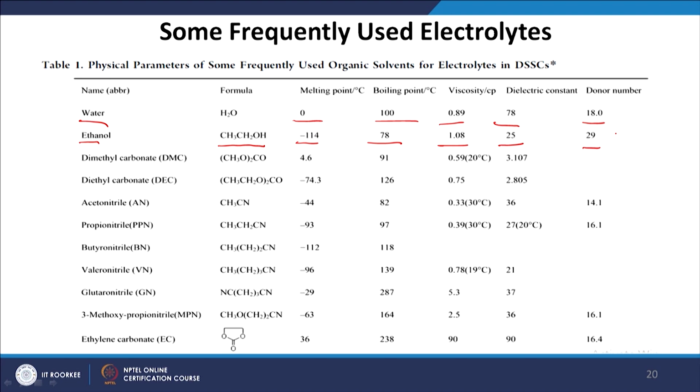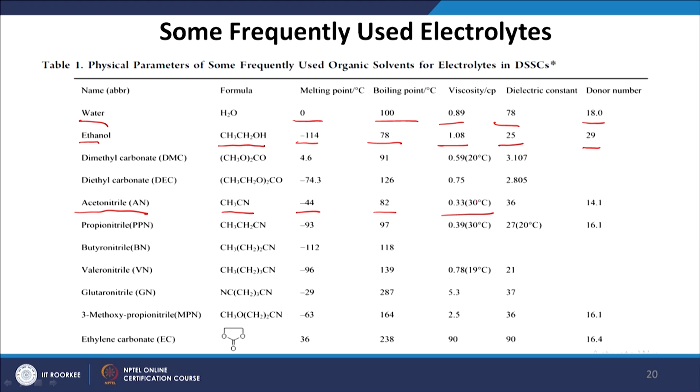Then another common example: we have dimethyl carbonate, diethyl carbonate, and acetonitrile, which we use very commonly. Acetonitrile is represented by the formula CH3CN. It has a melting point of minus 44 degrees Celsius, its boiling point is 82 degrees Celsius, and its viscosity at 30 degrees Celsius is 0.33.